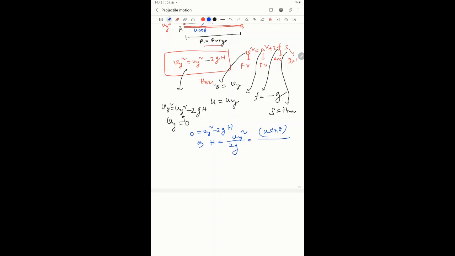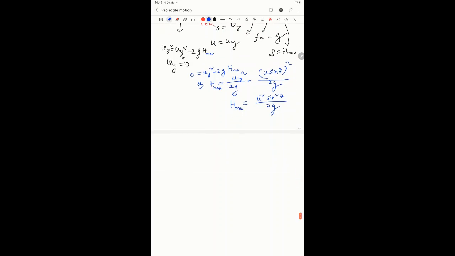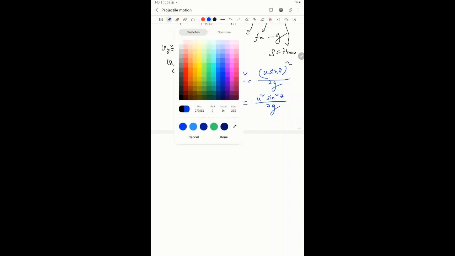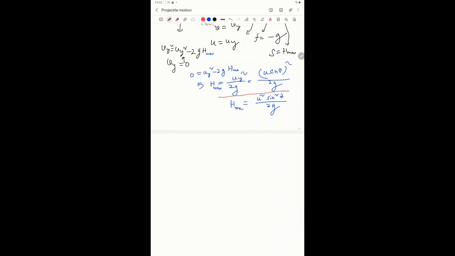So h equals u square sin square theta by 2g, that is the h max, the maximum height that can be achieved by the particle in this projectile motion. This is an important equation from the exam point of view. Many questions come from this equation in the exam, NEET or JEE.